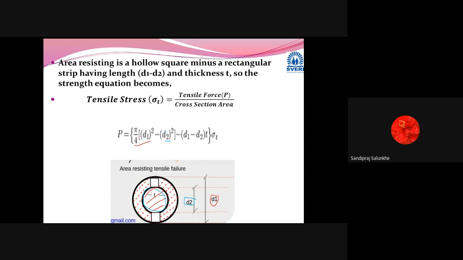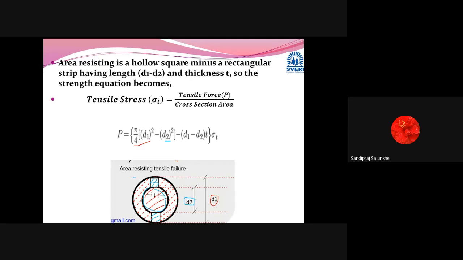Once you have calculated this area, is it sufficient, that we have calculated all the area which is sustaining the tensile force? No. Here we have created one slot also. So we have to subtract this slot. How much is that slot area? This is the upper side slot area and this is the lower side slot area. How can we calculate it? We know that the thickness of this slot is t.